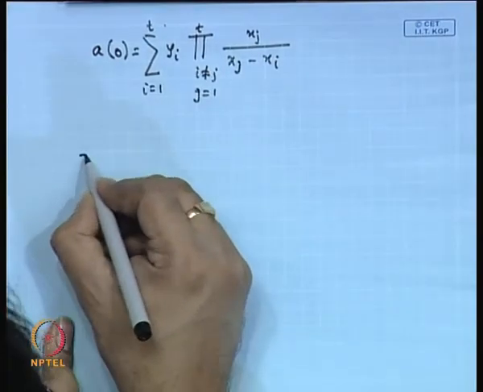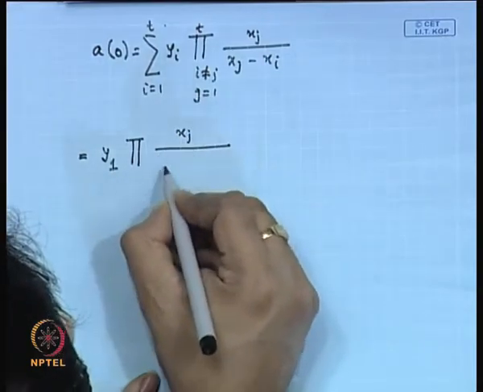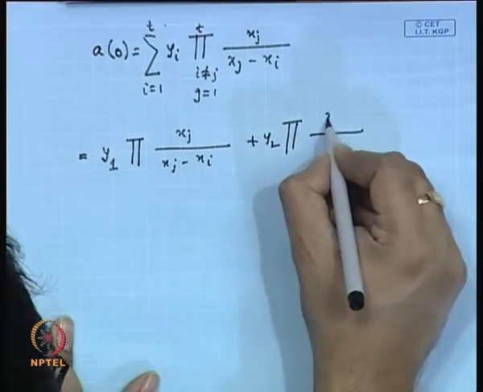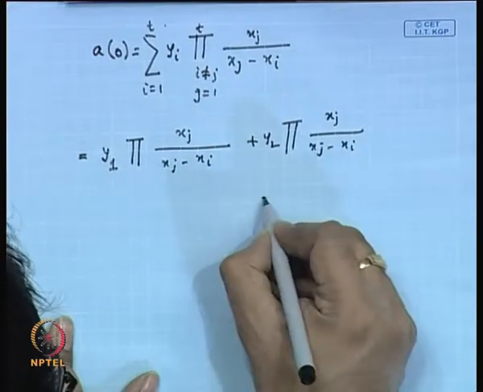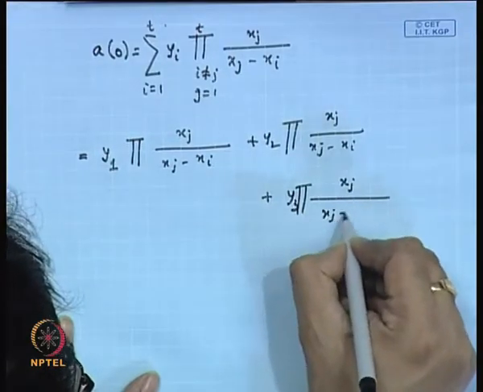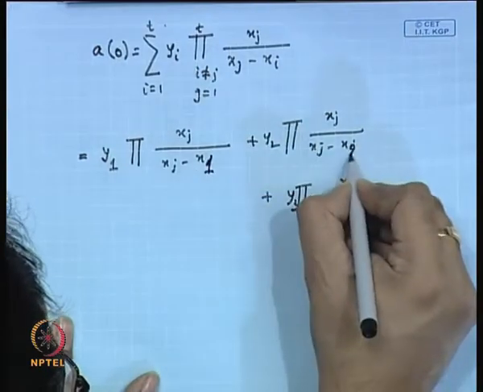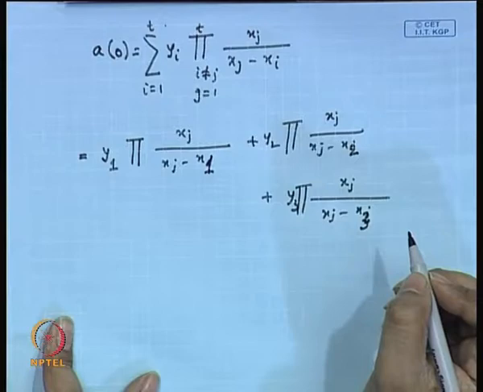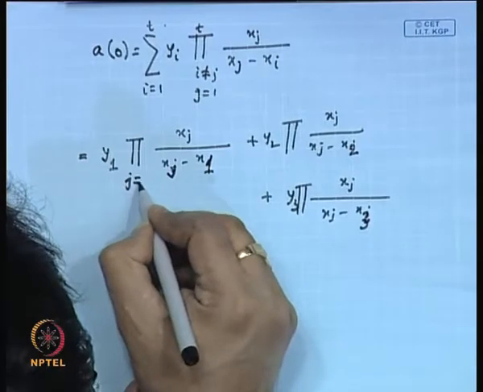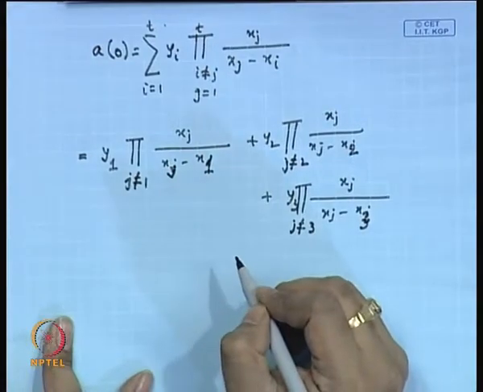So it is y1 times the product of xj divided by xj minus xi, plus y2 times again this product, plus y3 times again this product. Here i is 1, 2 and 3 for x1, x2 and x3, and j is not equal to i, so j is not equal to 1 here, j is not equal to 2 here and j is not equal to 3 here.